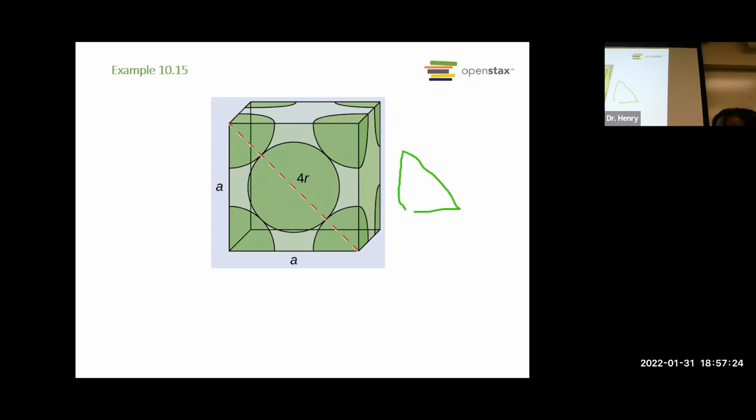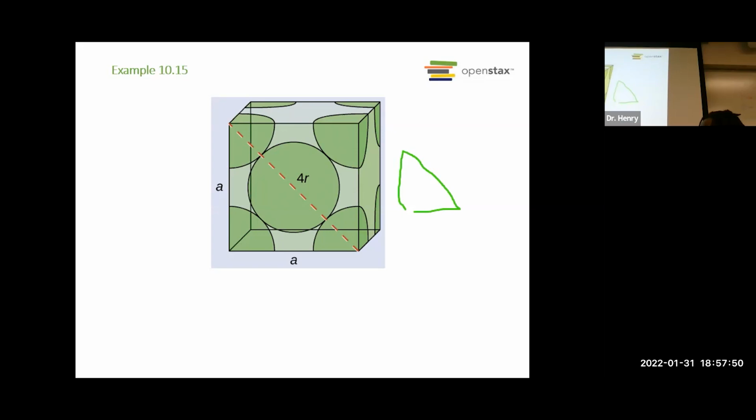Did you change it to radians and not degrees? Yeah, I just assumed that. It should be one, yeah.